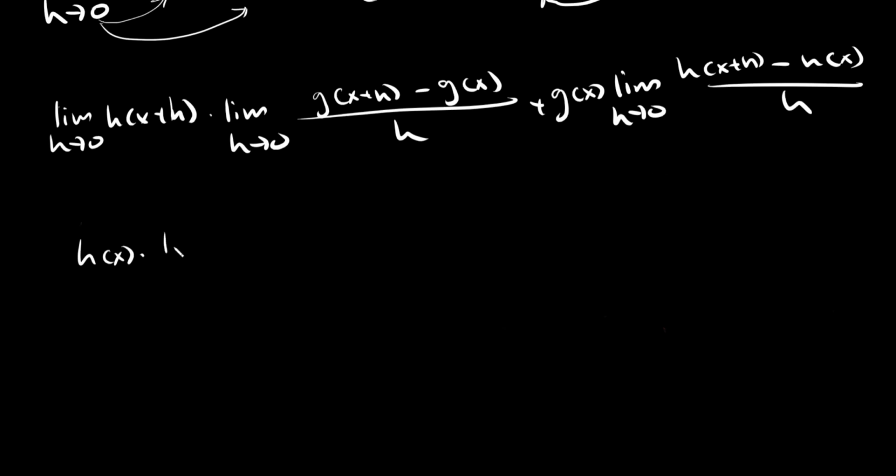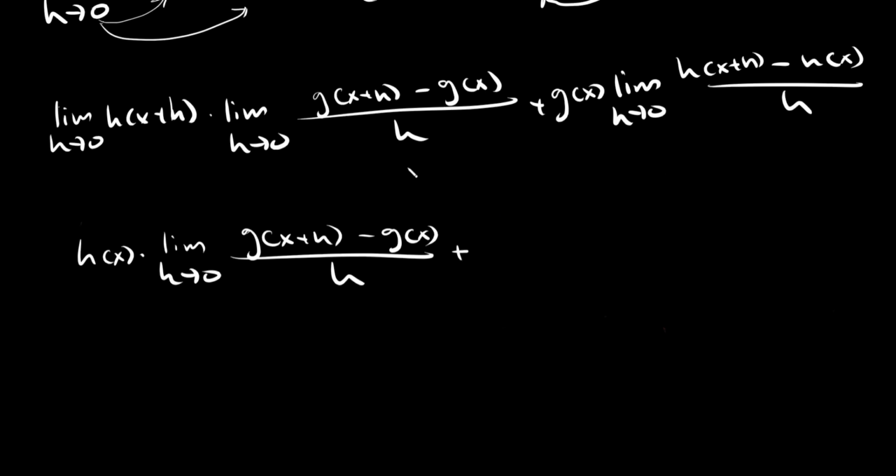This is just going to give h of x times the limit as h approaches 0 of g of x plus h minus g of x divided by h. However, if I plug in 0 for h inside g of x plus h minus g of x divided by h, I'm gonna get an undefined form. This is what I'm gonna get. So I can't just do what I just did with this one.